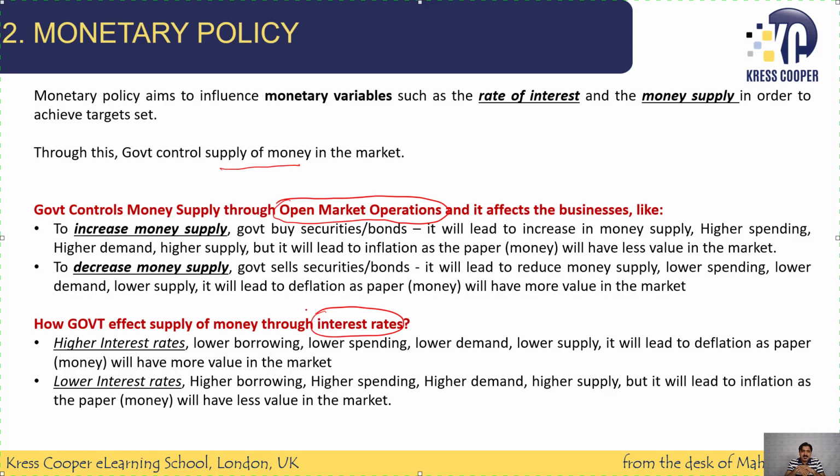How about the interest rate? When the government is increasing the interest rate, it will lead to lower borrowing, lower spending, lower demand, lower supply. It will lead to deflation. On the other hand, when the government lowers the interest rate, a lot of people will borrow. People's borrowing power will go up.